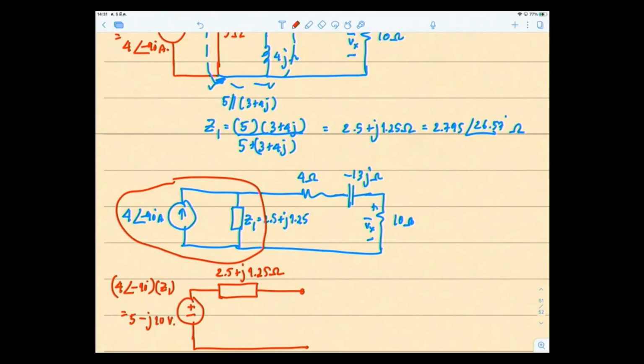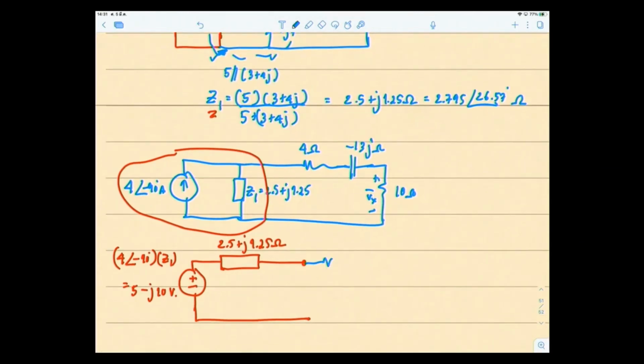Okay, Z1 is here. Okay, and the rest of the circuit stays intact. So 4 ohms, minus 13j ohms, 10 ohms, minus Vx. So there you have transformed that circuit into simply one big loop, right? So just that one loop.